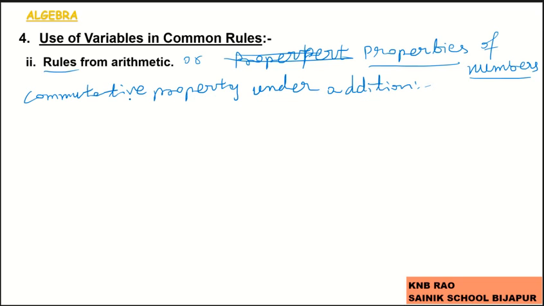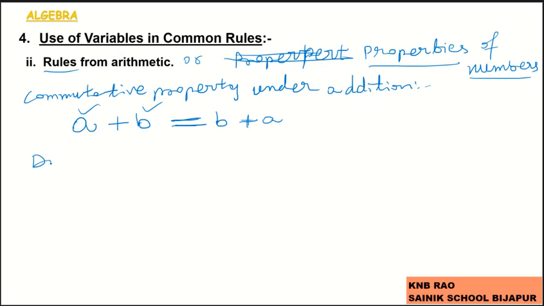It says when a number is added to another number, in whichever order they are added, whether b is added to a or a is added to b, the sum remains the same. Here you are using the variables a and b, they are variables only. So you are forming the commutative property with the help of variables.